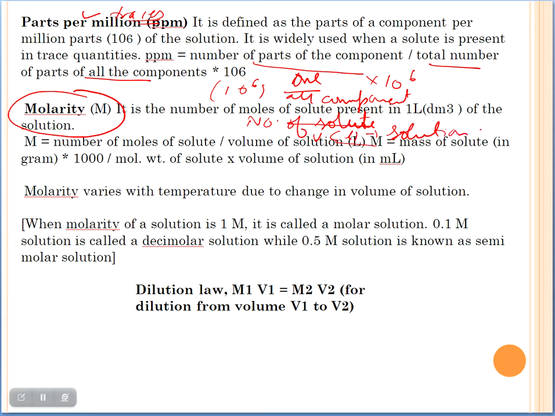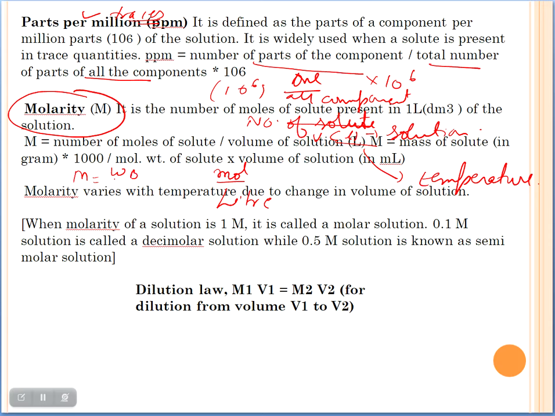Because the volume is there, it will depend on the temperature. The more the temperature, the less the molarity. So the unit will be mole upon liter. Mole per liter will be the unit of molarity.